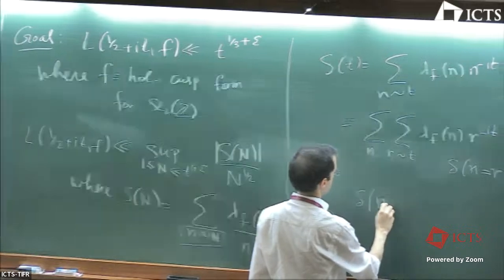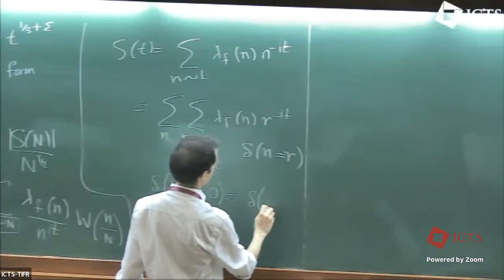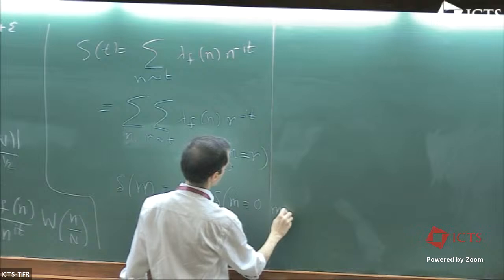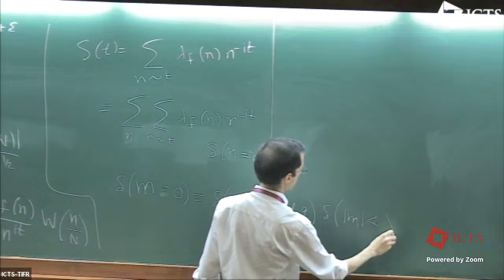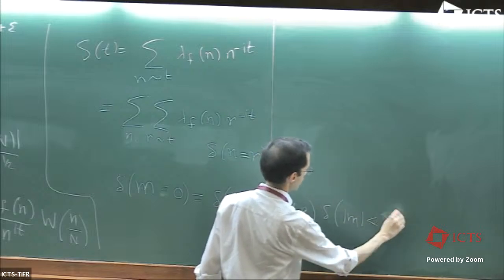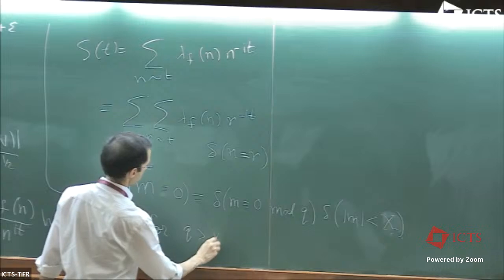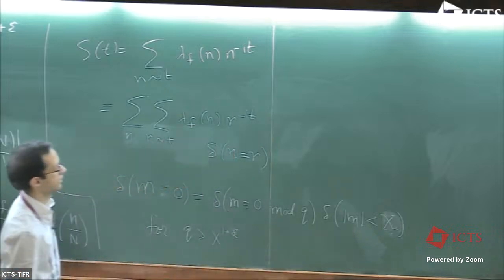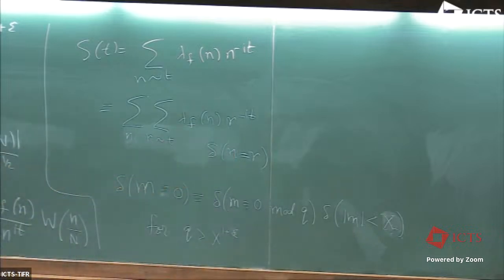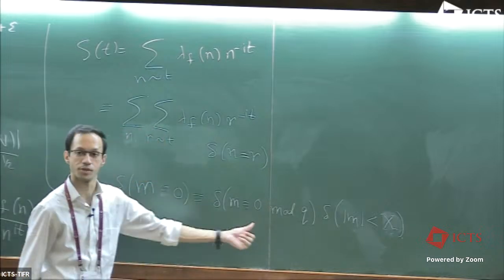Also, what we had said the last time was that if you want to detect that an integer is equal to 0, you can detect when this integer is congruent to 0 modulo q for some integer q, and also detect that the size of this thing is less than, let's say, X. As soon as you ensure that the size of this index is less than some parameter, and this parameter is smaller than the other parameter q by which you take the congruence condition, you are forced to have m equal to 0.